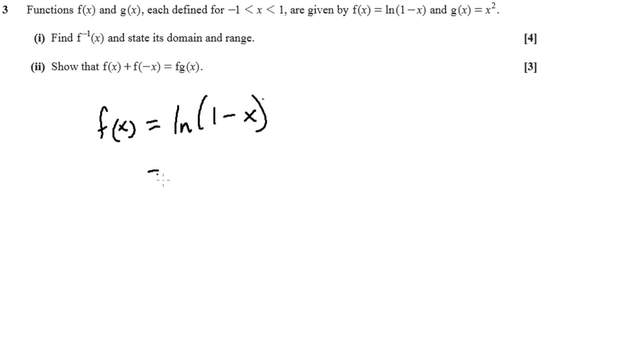Then we want to rewrite the variable in the opposite way, where f(x) becomes x and x becomes the inverse function of x. Then we can just do a rearrangement.